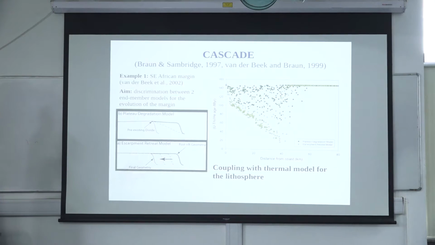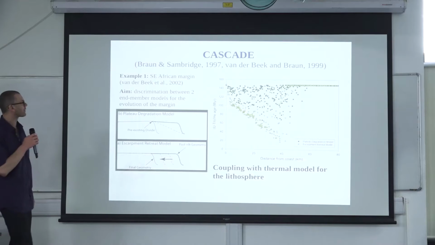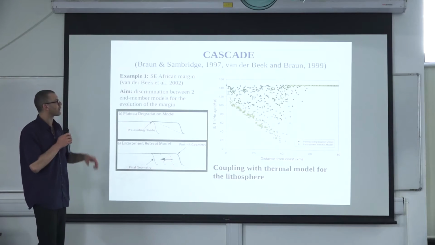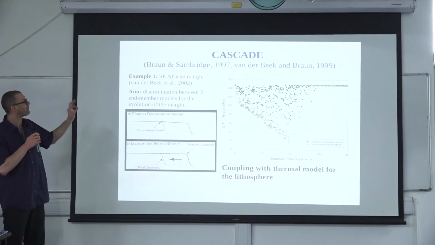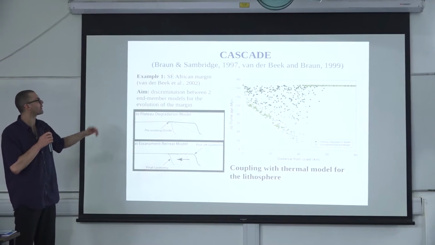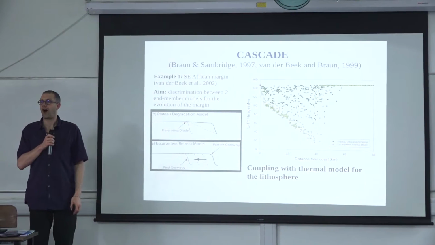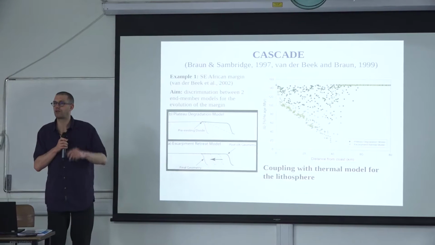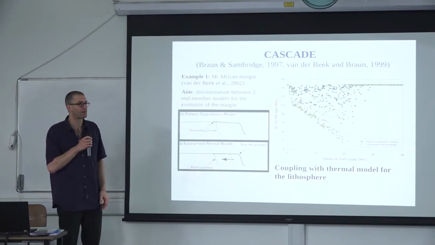And the nice thing about those landscape evolution models is that they also predict the thermal field, so you can make predictions of what thermochronological data are supposed to look like. So apatite fission track, uranium, thorium, helium, or something along those lines.